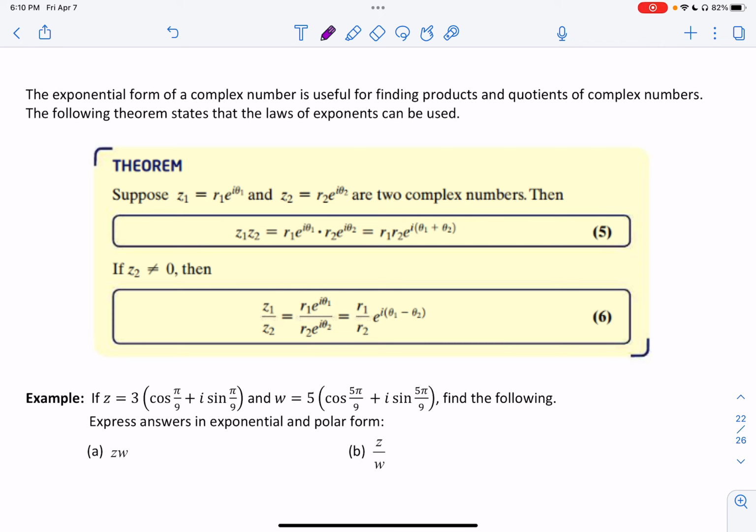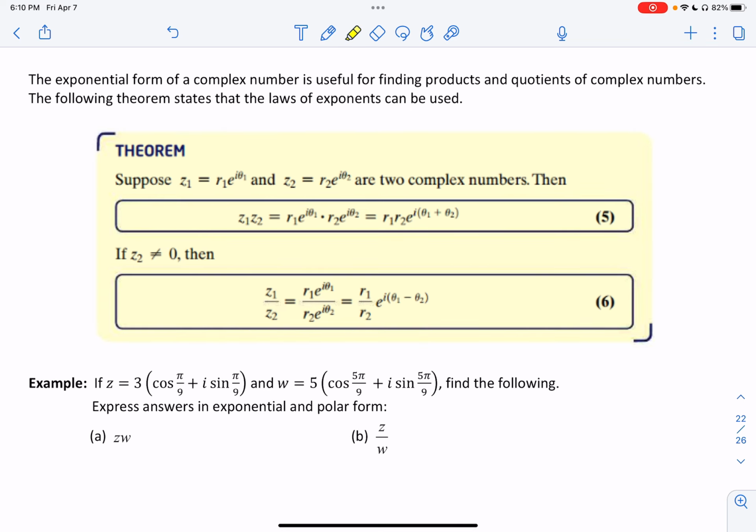So the first theorem here is suppose z1 is equal to r1 e^(i theta 1), and z2 is equal to r2 e^(i theta 2), and those are two complex numbers. Then it shows you that what I can do there is multiply these two together, which gives me my two radii multiplied together.